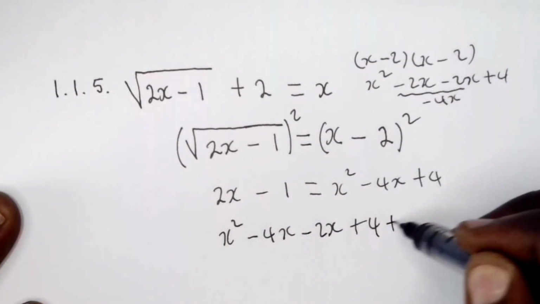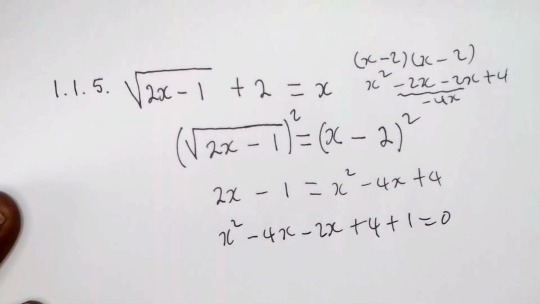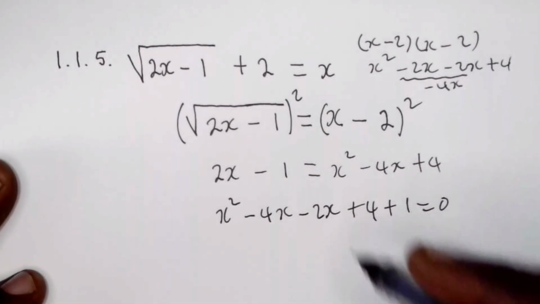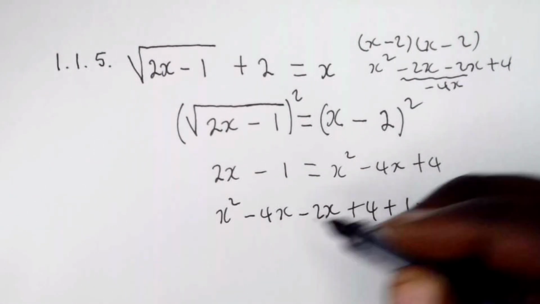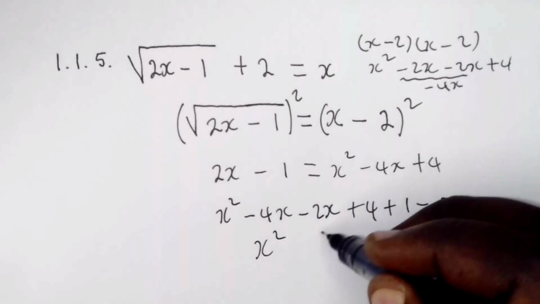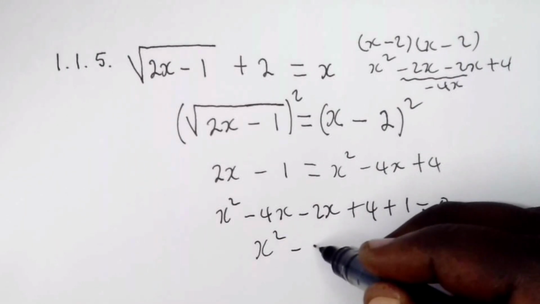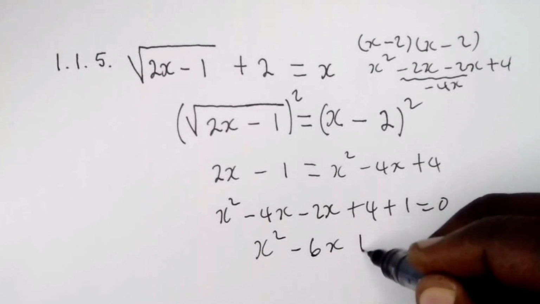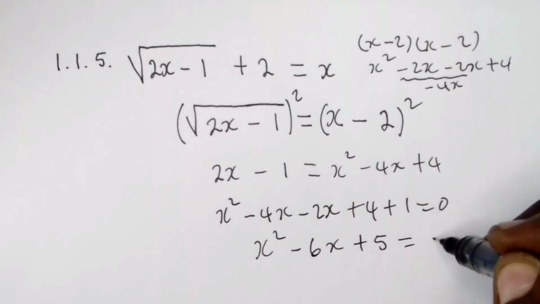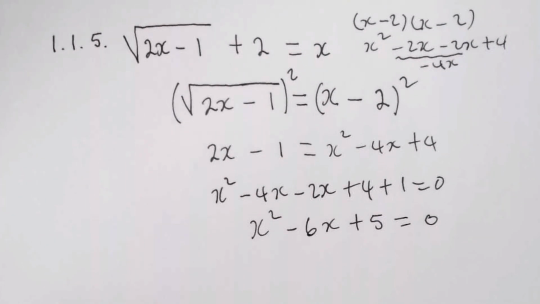Now I'm taking this, will be plus 1 equal to 0. So we need to solve this. Simplify it, all right? So this is going to be x squared, and then negative 6x, and then this one is going to be plus 5, and then from here is very easy.